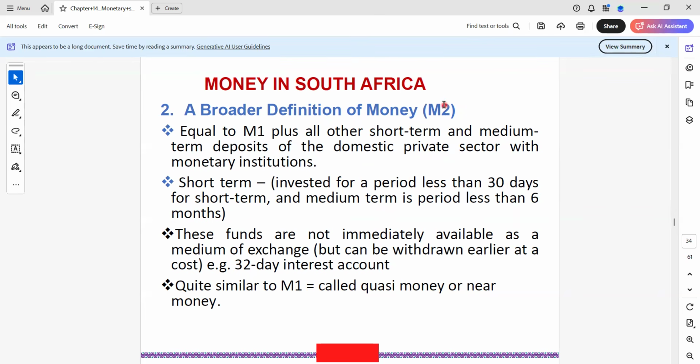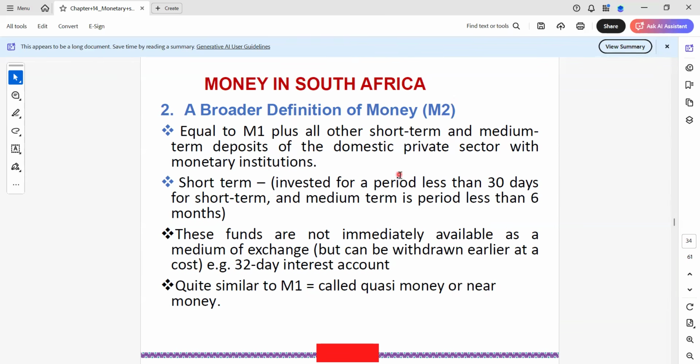Pronouncing fast. But yeah. And then M2, that is the broad definition. And you add M1 and then you also add your short-term and your medium-term deposits. So M2 is also called quasi money or near money. So sometimes when you get, we're going to do the calculations after this video. I'm going to make another one for calculations.